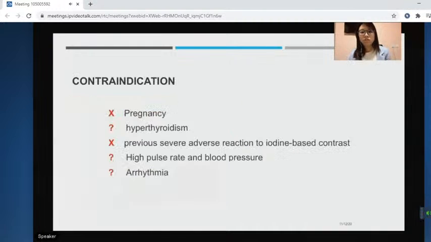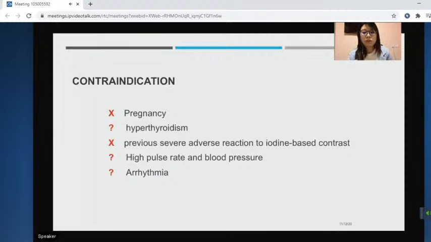So when it comes to patients, we always check if the patient is pregnant, because we don't scan pregnant women. For hyperthyroidism patients, I think we leave it to the clinicians to decide whether there's a need to do it, and whether the patient is so severe that they cannot take a lot of iodine injections.